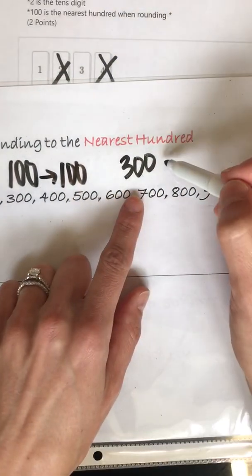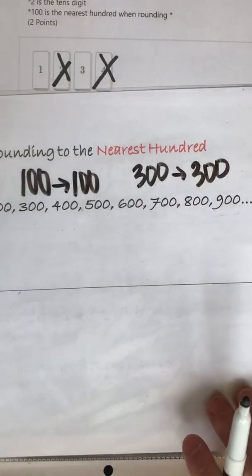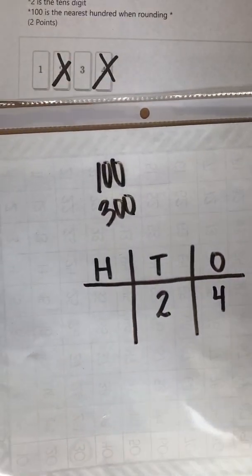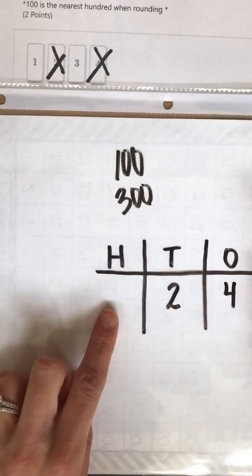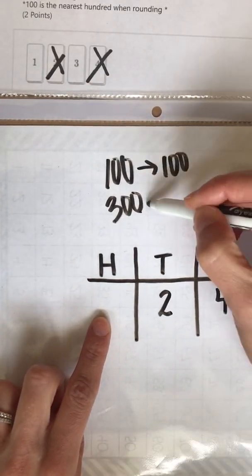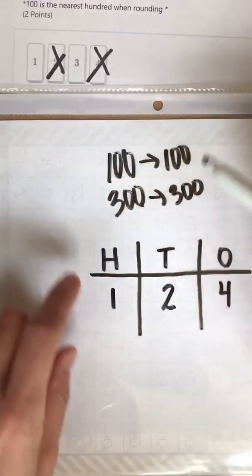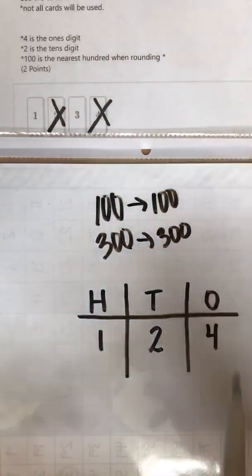And 300 rounds to 300. Excellent. So the digit that's going to go in our hundreds place is 100 or 300. 100, right? Because it says that 100 is the nearest hundred when rounding. That question was a little bit tricky.